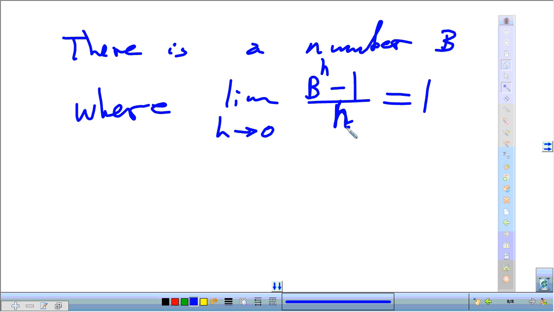But somewhere in there has to be a place where we can pick a base such that that limit is actually equal to 1.